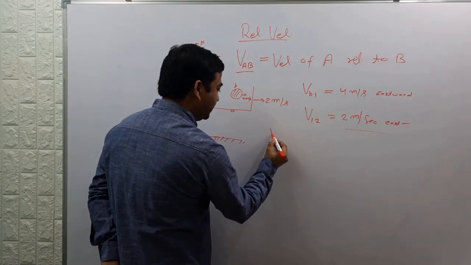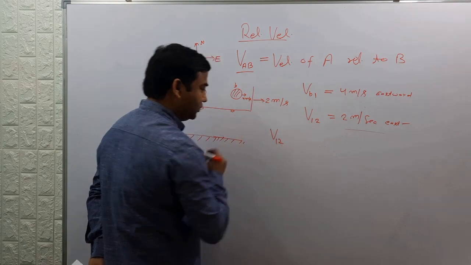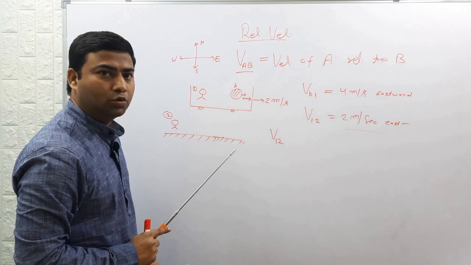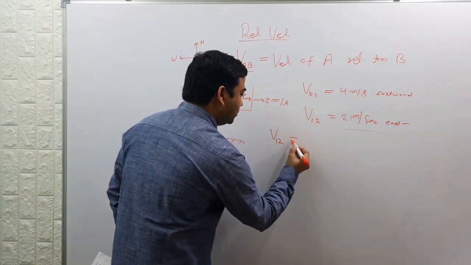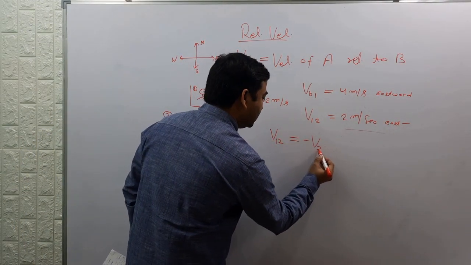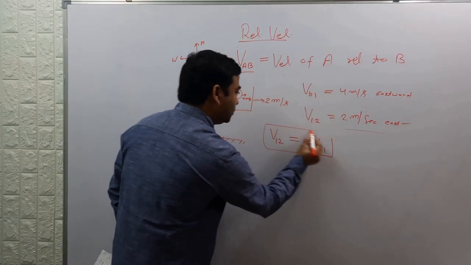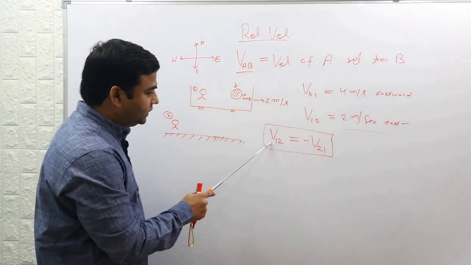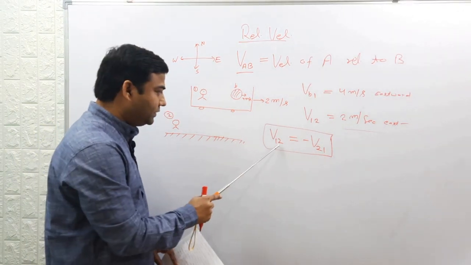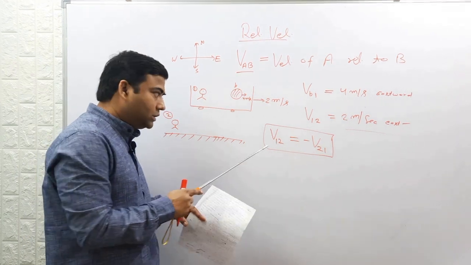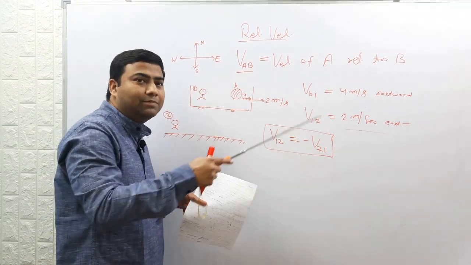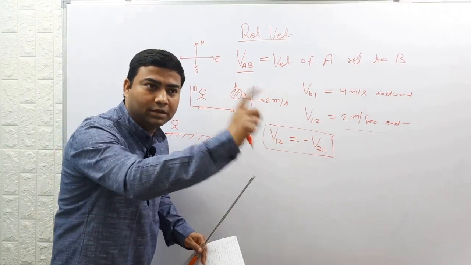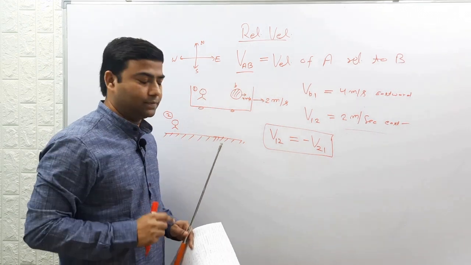You can easily imagine this: V12, that is velocity of 1 with respect to 2, is equal to minus V21, because velocity is a vector quantity. So V12, velocity of 1 with respect to 2, or velocity of object 1 as seen by observer 2, has some specific value and direction.